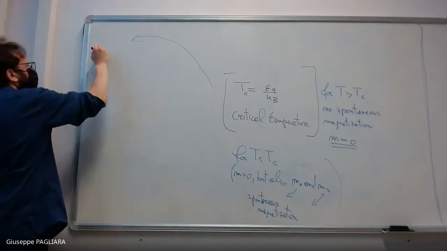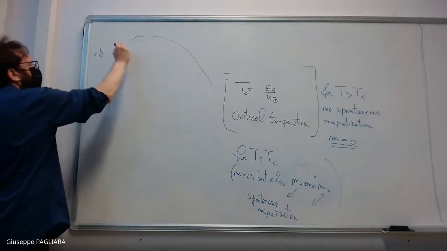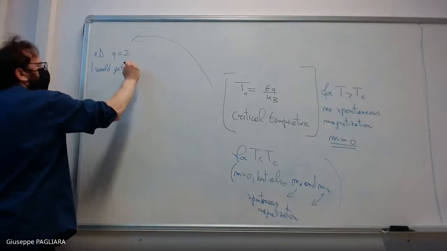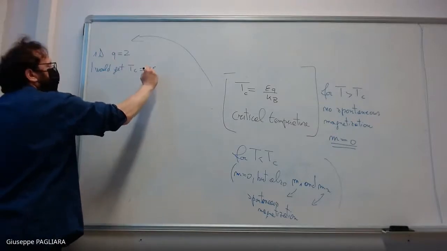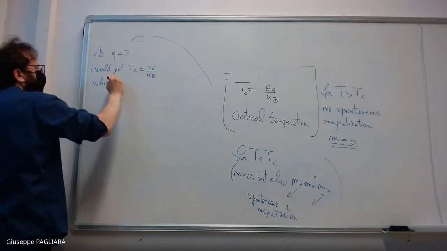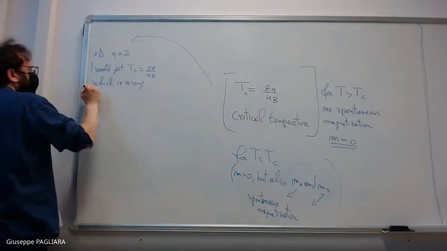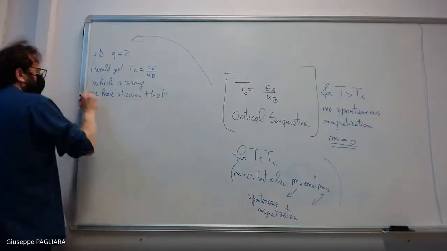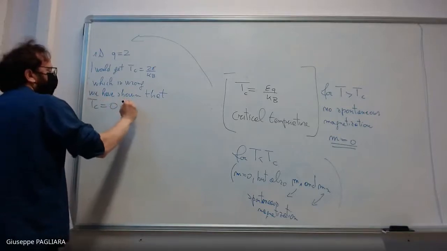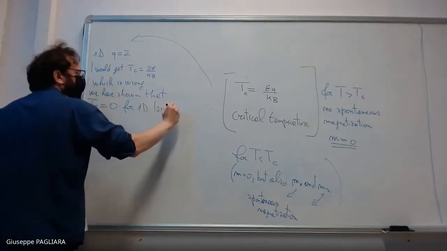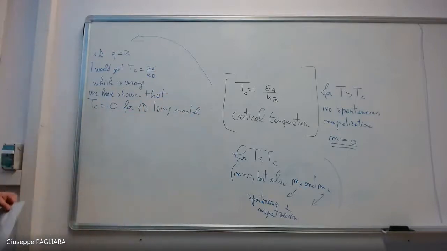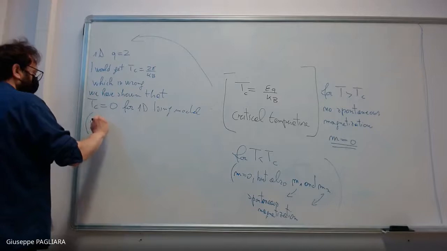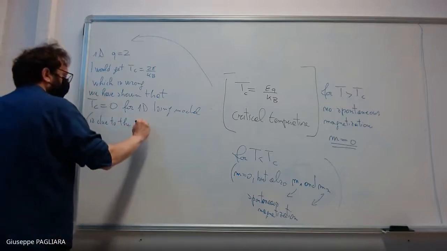In one dimension, q is equal to 2, and therefore I will get Tc equal to twice epsilon divided by Kb, which is wrong, because actually we have shown that Tc is equal to 0 for the one-dimensional Ising model. This, if you want, is a problem of the mean field approximation.